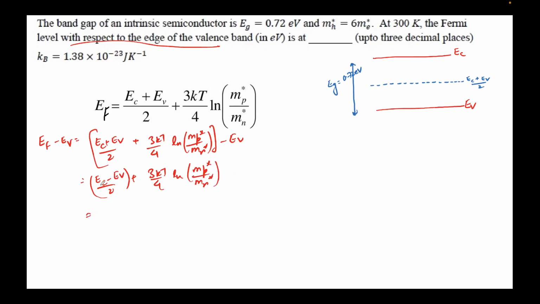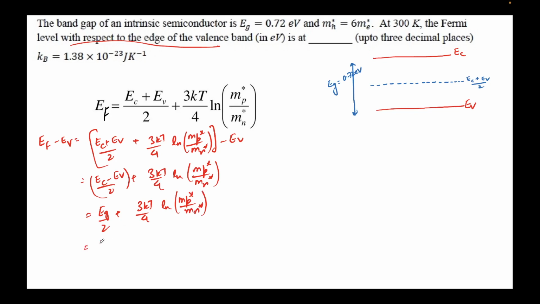Now note that EC minus EV is nothing but EG, the band gap, the difference between the conduction band and the valence band. So this will be EG by 2 plus 3 kT by 4 ln Mp star over Mn star. Now we'll just plug in the values.